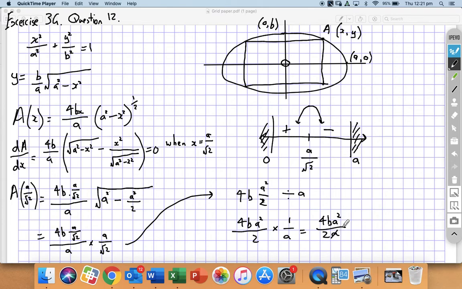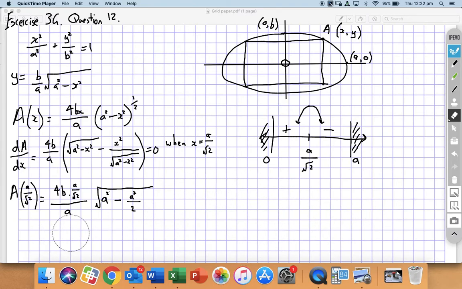That cancels, that equals 1. And this cancels, 4 divided by 2 leaves 2. So the area of the rectangle reduces down to 2ab. So just going to remember that, 2ab. That worked out quite nicely. 2ab is the area of the rectangle.